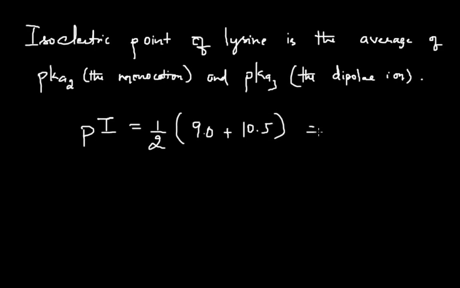So this 9.8 is the isoelectric point of lysine.